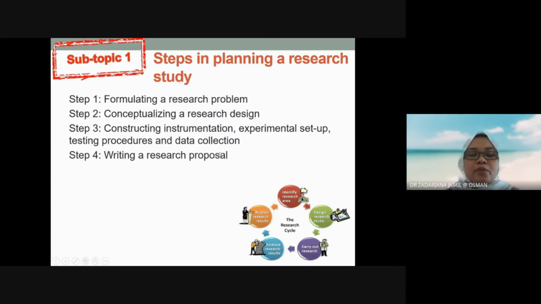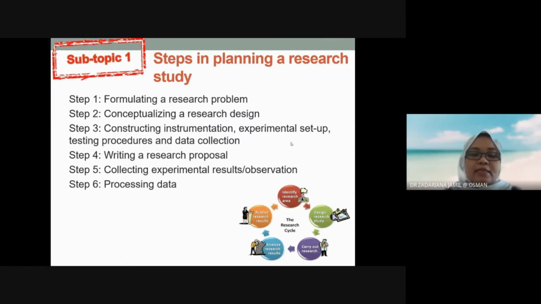After you do a research proposal, then you need to carry out the research by doing experimental work, or by doing simulation, or by collecting data from the field, by doing a survey and so on. And then after you carry out the experiments and simulation, for sure you will get a set of data.